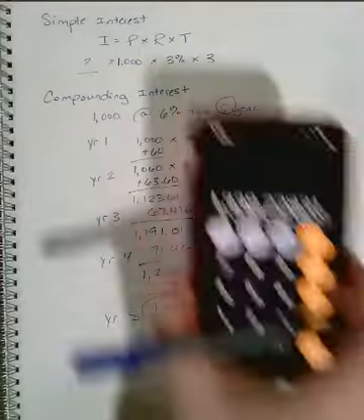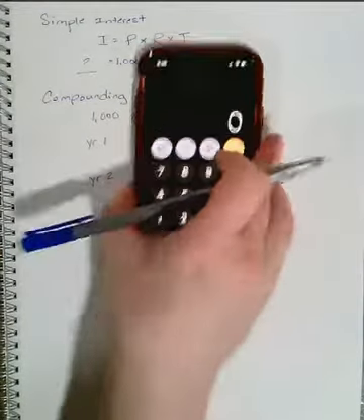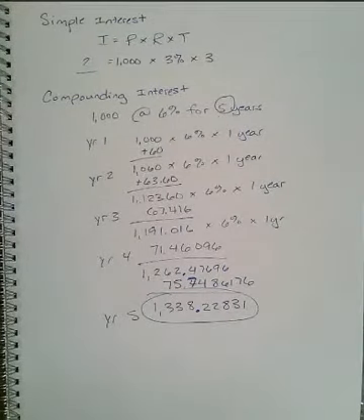So that took quite a few steps. The other way we can do it is with time value tables, and they're called a couple different things depending on what textbook you're looking at. They could be called compound interest table, future value of a single amount, or compound value of $1. They all mean the same thing, they're just slightly different wording.